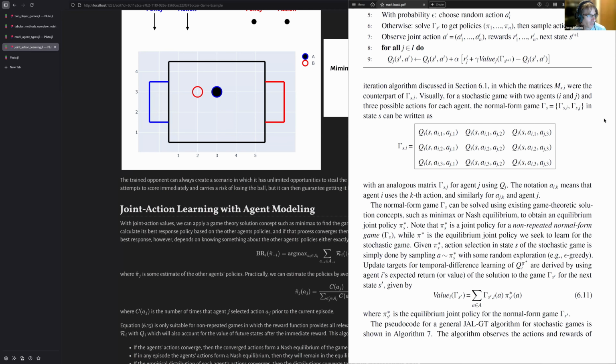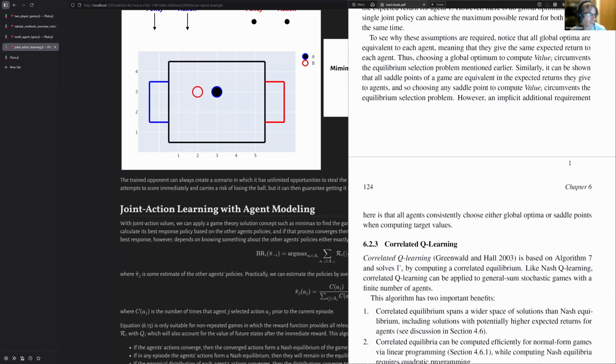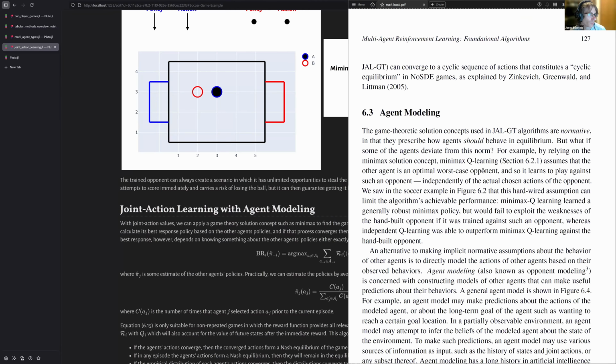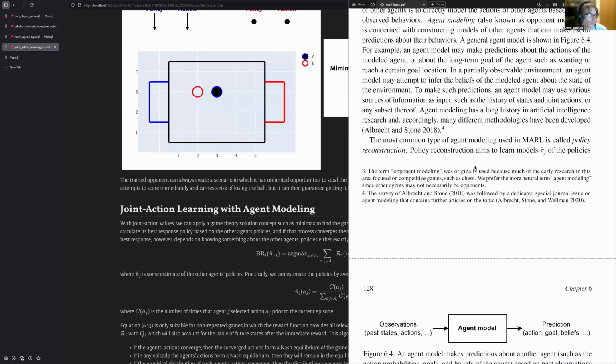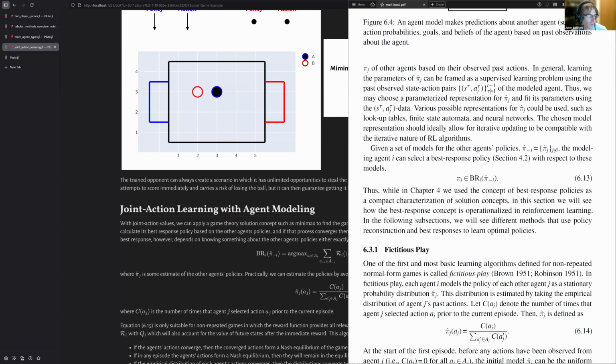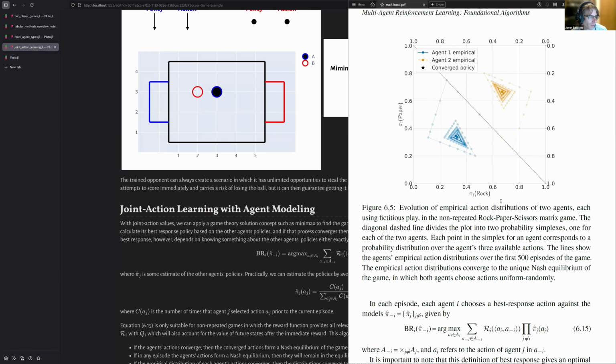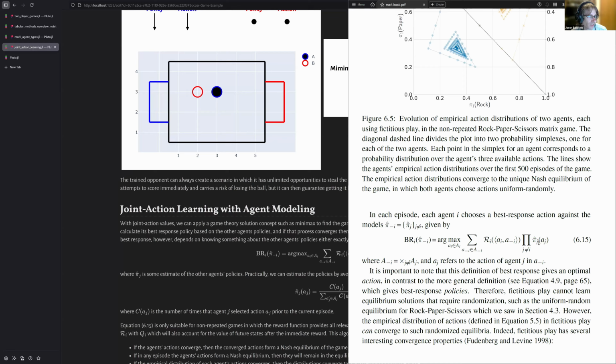There is an alternative thing we can do with joint action values, and that is we can try to simultaneously model the policies of the other agents. Now, there's a reason we would try to do this. If we have the joint action values and we actually know what the other agents' policies are, then from each agent's perspective, we can compute this best response policy to the other agents, whatever their current policies are.